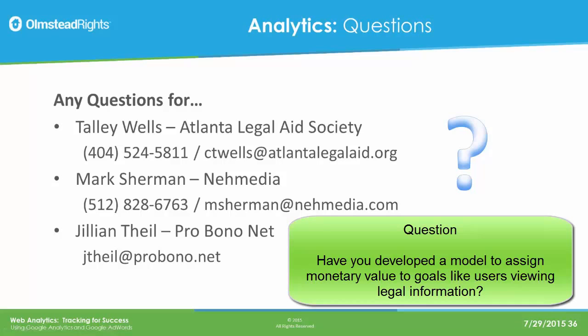Initially you look for goal completions as a unique unit number, but as you get more familiar with your objectives, we have worked with some clients where we have put in monetary values for different goals. It can be very simple. For example, on the 5 goals that Olmstead Rights has, you could put $5 for the most important goal, like the legal advocacy, because that's really what he's trying to do.